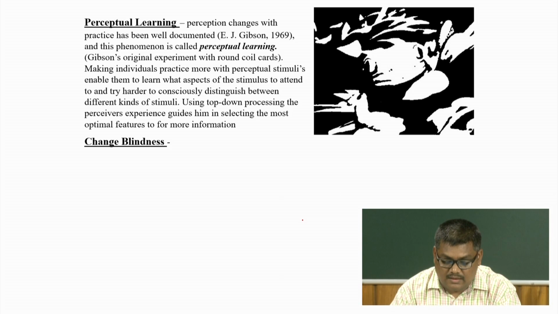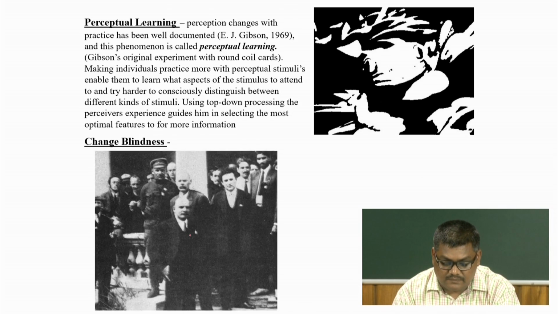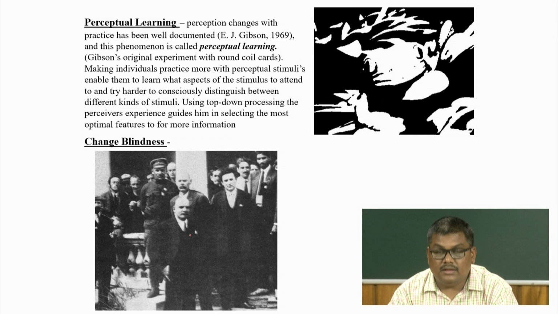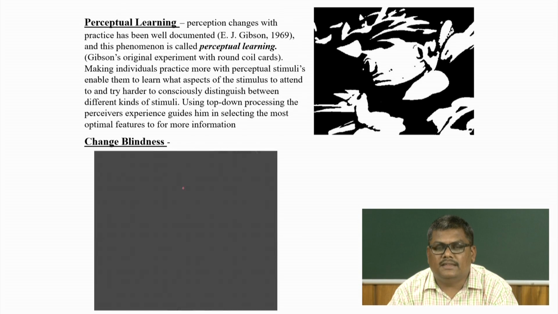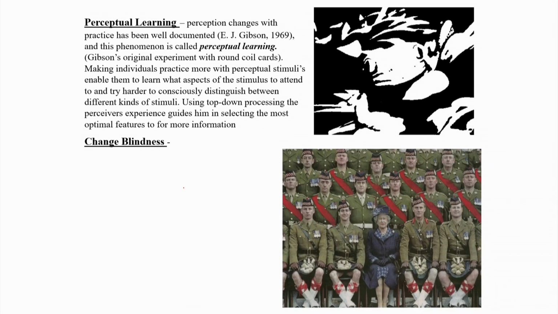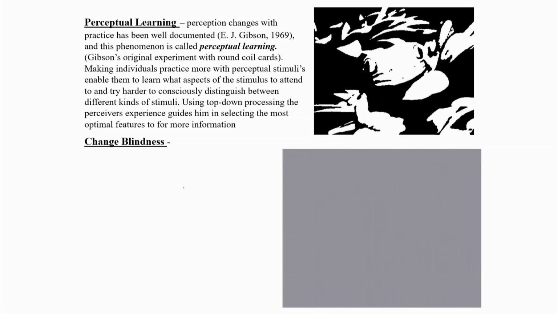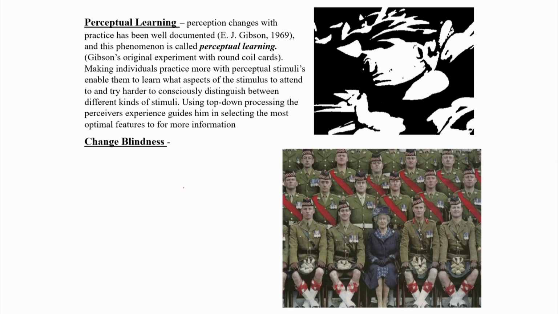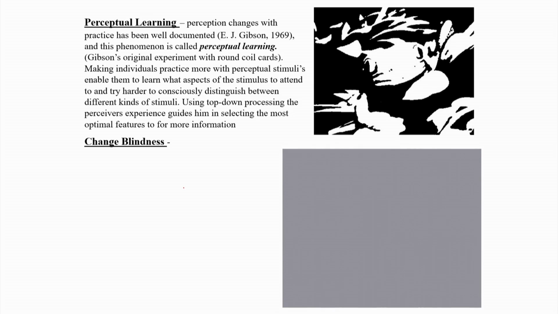Now, look at the figure on your left, and you would see that one of the people changes, but if I do not tell you that this is going to change, you will not be able to observe it. Similarly, in the figure here, the person at the back of the screen will change, but if I do not give you the clue that it is going to change, and you do not expect it, you will not notice.